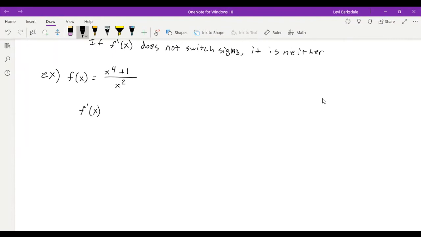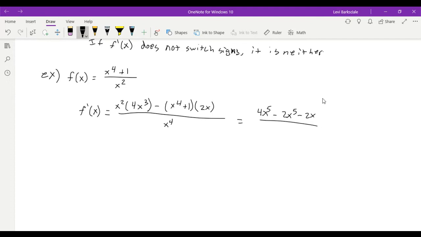So to find our derivative, we're going to be using the quotient rule, which is the low term multiplied by the derivative of the top term minus the top term times the derivative of the bottom term, all over the bottom term squared. And if we simplify that, we get 4x to the fifth minus 2x to the fifth minus 2x over x to the fourth. That is equal to 2x to the fourth minus 2 over x cubed.